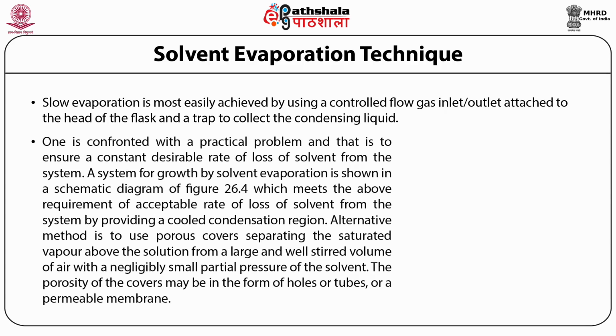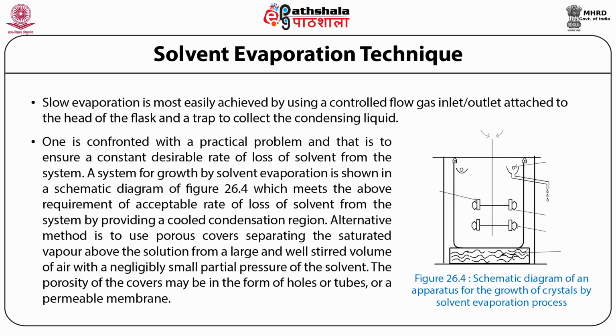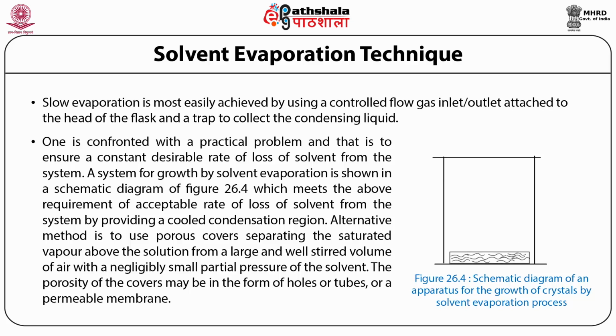One is confronted with a practical problem, and that is to ensure a constant desirable rate of loss of solvent from the system. A system for growth by solvent evaporation is shown in the schematic diagram of figure 26.4, which meets the above requirement of acceptable rate of loss of solvent from the system by providing a cooled condensation region.